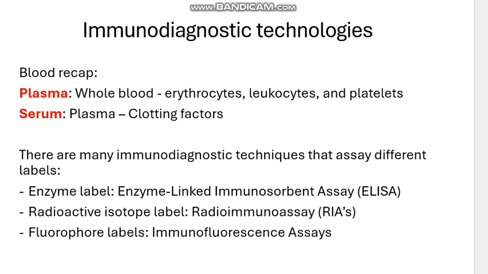We're going to go over these in more detail as we progress through these couple of videos. So the main three are the ELISA, the radioimmunoassays, and the immunofluorescence assays.